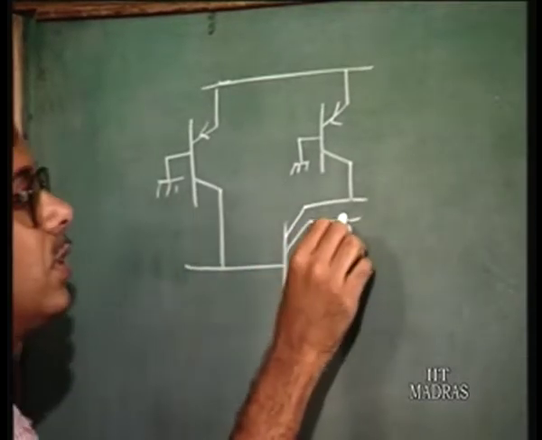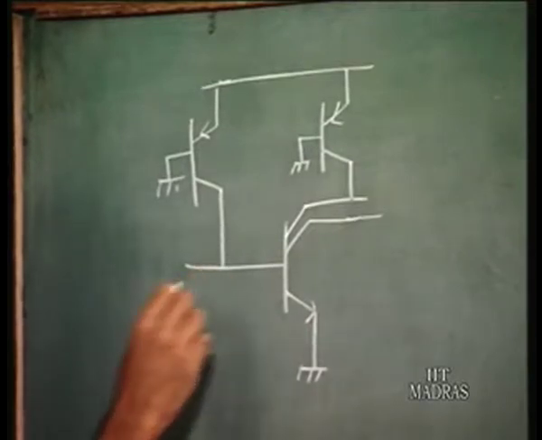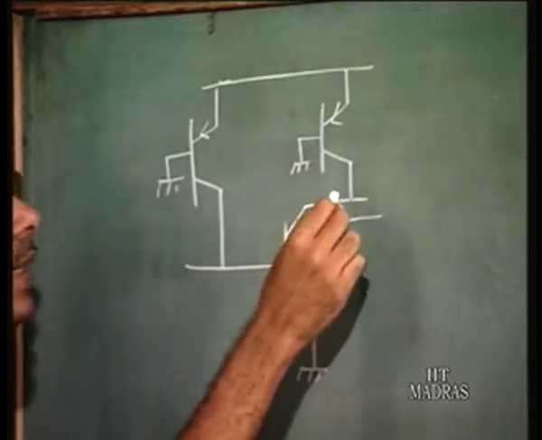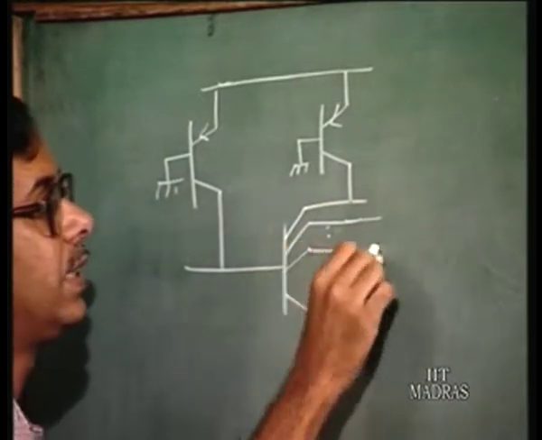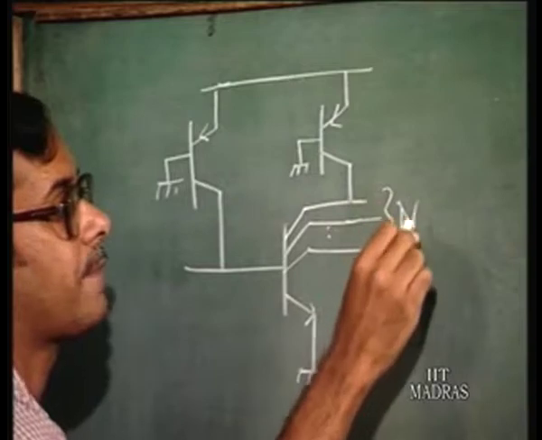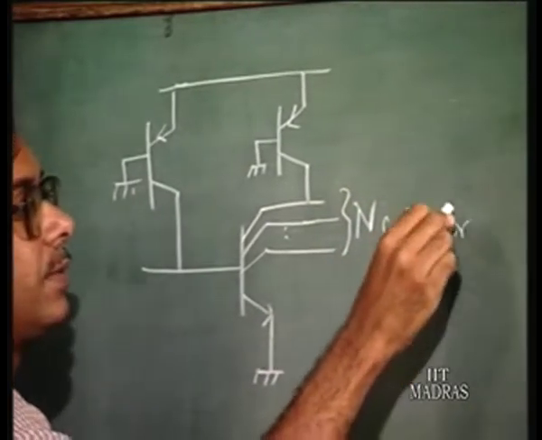All right. So we had started that discussion, and so this is the I squared L cell, and this is a transistor with, say, n collectors, n is any number.